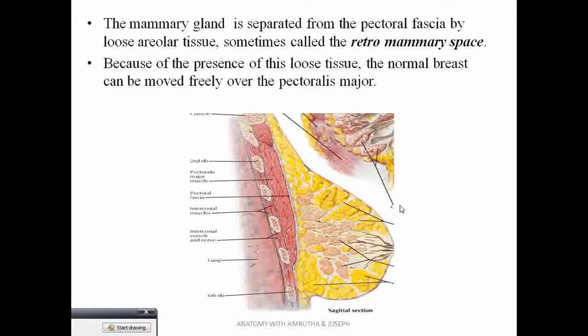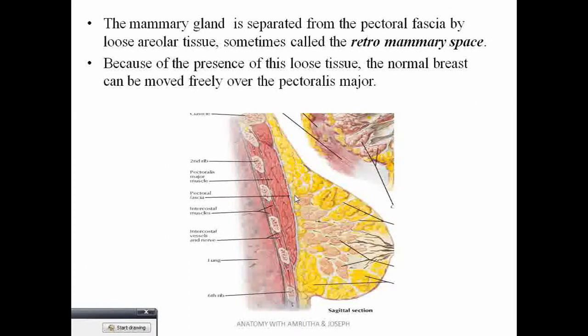Now mammary gland is separated from the pectoral fascia by a loose areolar tissue called retromammary space. So the mammary gland is located in front of the pectoral fascia, but there is a small gap that can be seen in this area, and this space is called retromammary space.